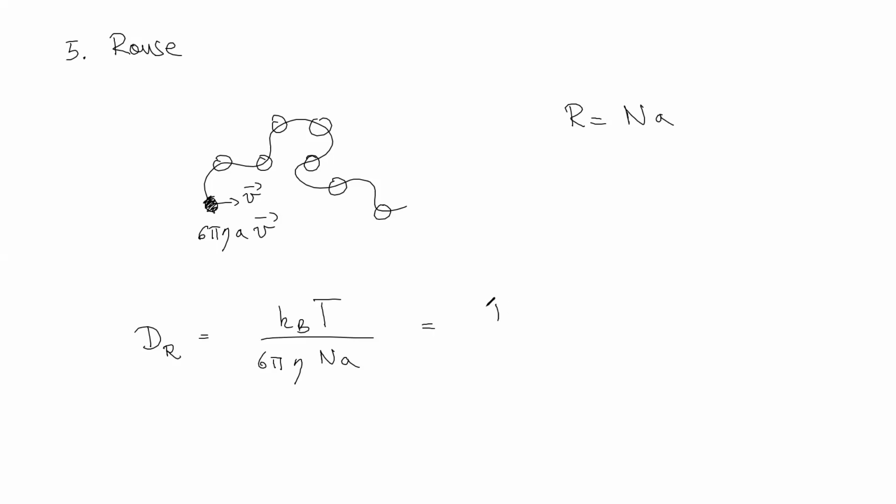So written this way, it's the diffusion coefficient of one monomer divided by N. And so since this is 10 minus 9, with our values, we get 10 minus 13 meter squared per second. So again, much smaller.